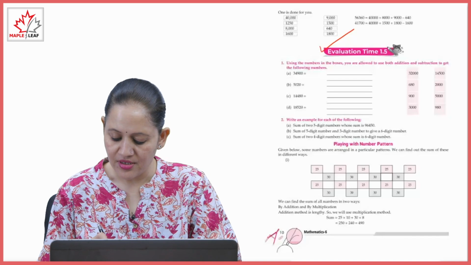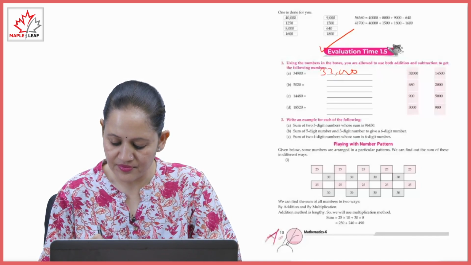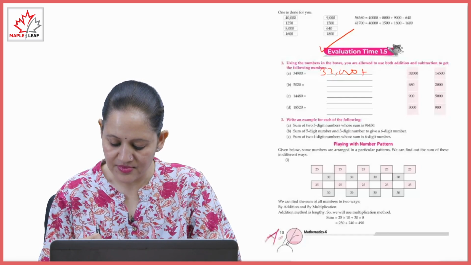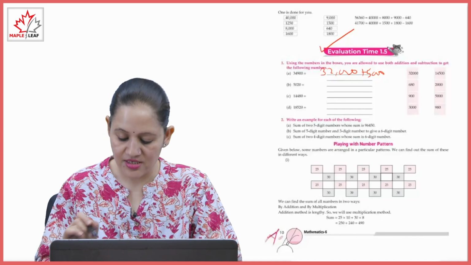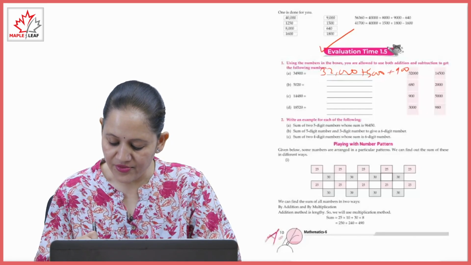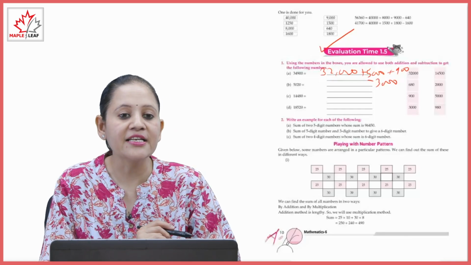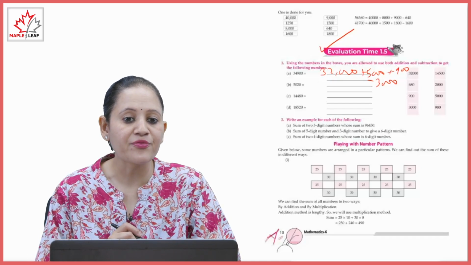So take 32,000 plus 5,000, total 37,000, plus 900. From that, if we subtract 3,000, we will get 34,900. Clear? Next, write an example of each of the following.